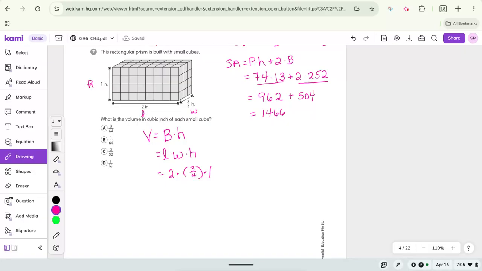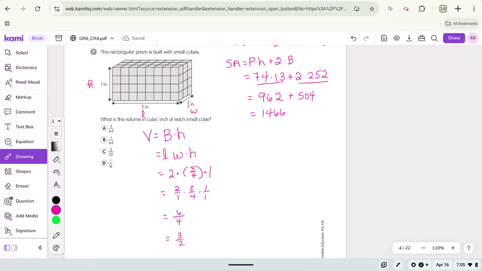So 2 times 3/4, remember when you multiply fractions, you can think of this as 2 over 1 times 3 over 4, and of course 1 is just 1 over 1. So multiplying fractions, you simply multiply the numerators. 2 times 3 times 1 is 6. And the denominators, 1 times 4 times 1 is 4. And I'm going to go ahead and reduce this to 3 over 2.